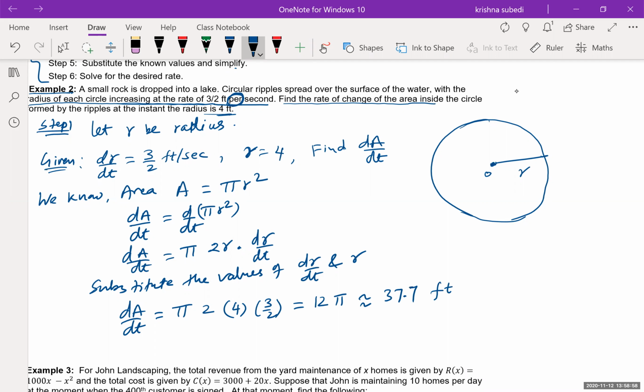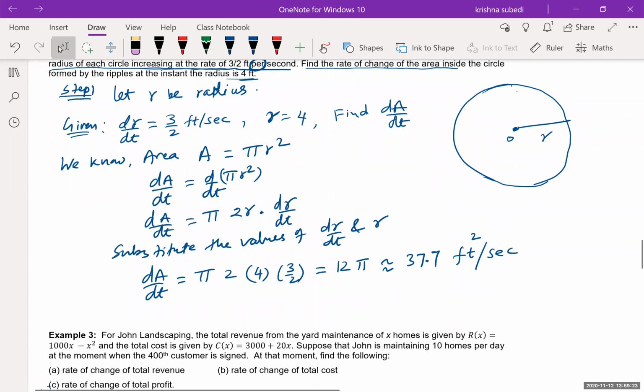Because this is the rate of change, it's feet square, because it's area. So feet square per second. So the area of the circular ripple is increasing at the rate of 37.7 feet square per second.